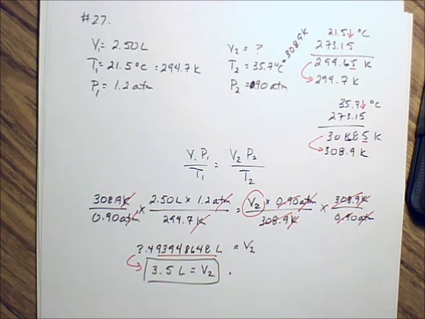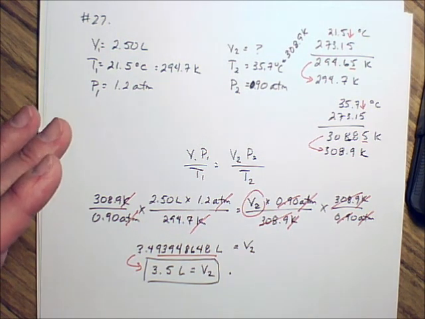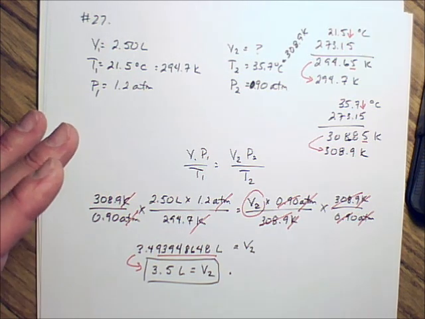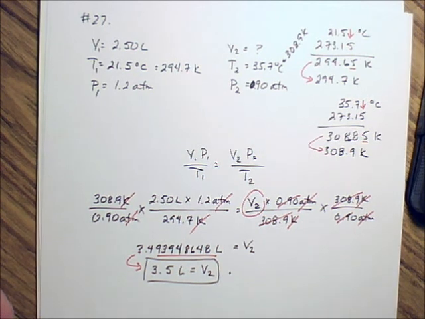The way we solve all these gas law problems is the same. The way we solve all these gas law problems, FDR, Forrest, Dick, Richard, is the same basic process.